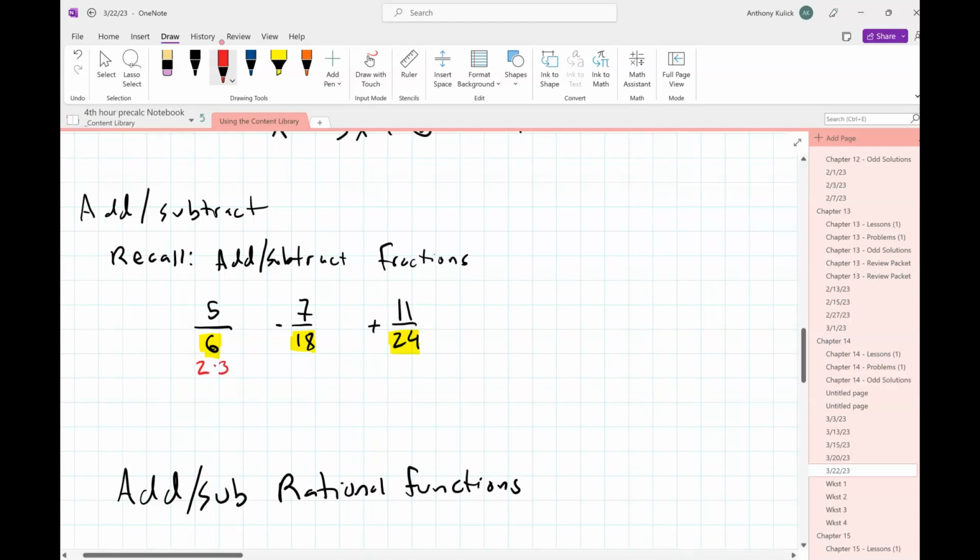6 is 2 times 3. 18 is 2 times 3 squared. And 24 is 2 to the third times 3. Everybody's okay there?